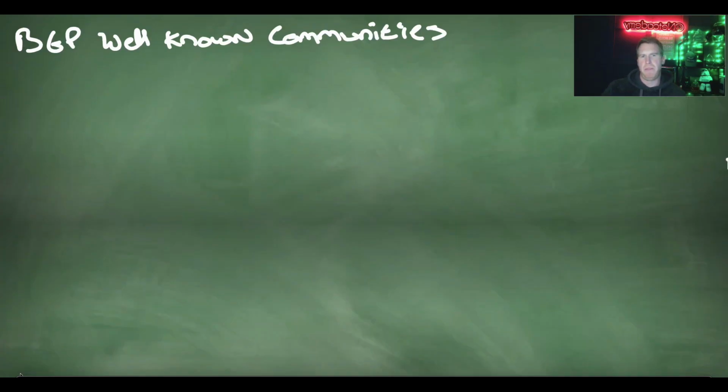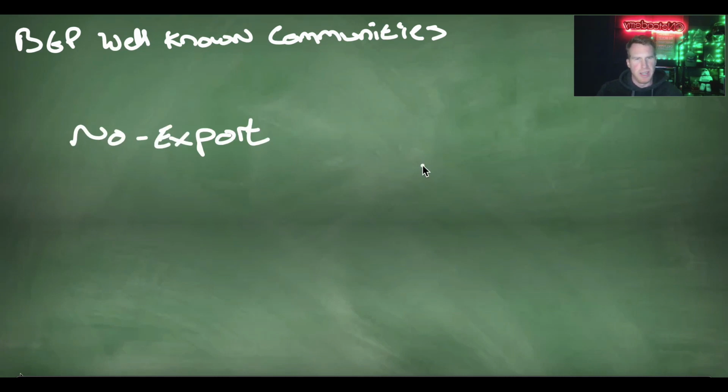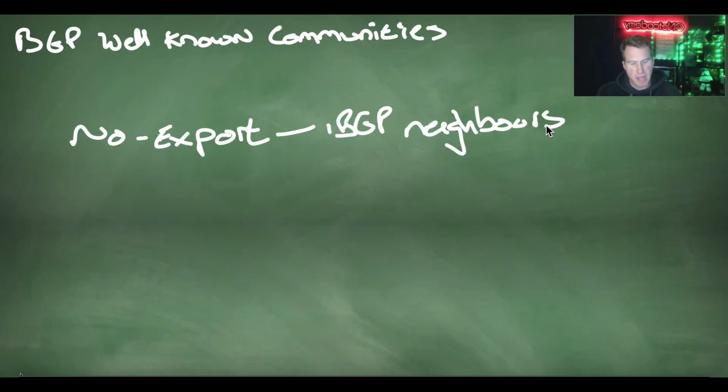So that is no advertise, but what's the next? An almost similar sounding BGP well-known community. This is what's called the no export. Sounds similar, but it's actually quite a bit different in that when a router receives a BGP update message containing a well-known community, and if it's set to no export, that router will forward on to IBGP neighbors that update message.